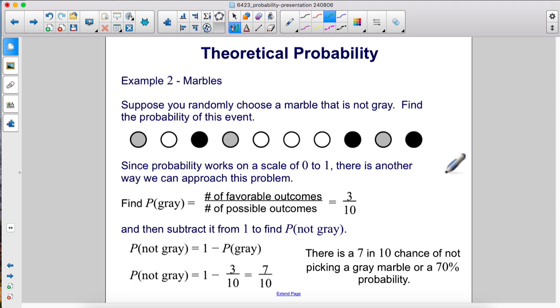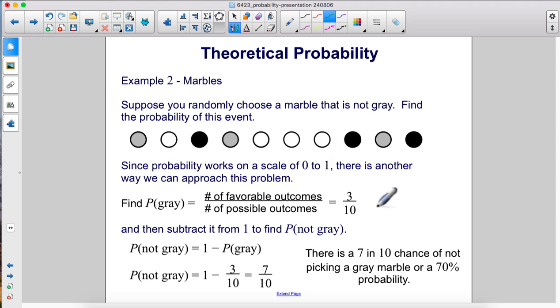Since probability works on a scale of 0 to 1, there's another way we can approach this problem. If the probability of picking a gray marble is 3 out of 10, we could subtract that from 1 to find the probability of picking a not gray marble, right?